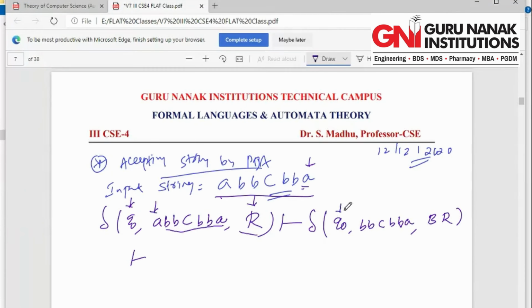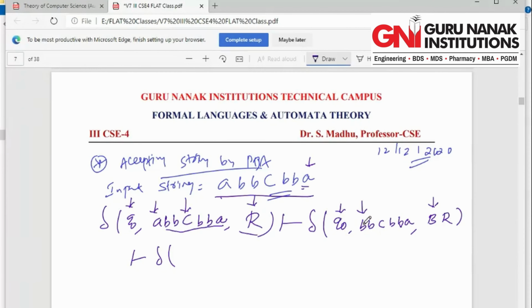Next. Q naught, input is B, top of the stack is B. Then what rule can apply here? Already I told you that up to C is insertion, after C is deletion. What is the next state? Check the rules and tell me.